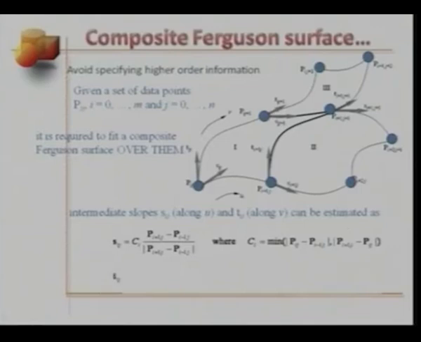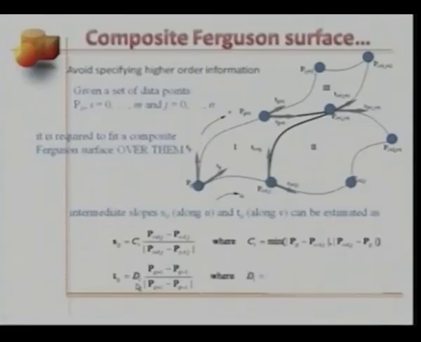Likewise, the slope Tij can be given as Di times (Pi,j+1 minus Pi,j-1) over the absolute value of the numerator. So this here is a unit vector. Di is the minimum of these two distances: Pij minus Pi,j-1, this minus some point here, and Pi,j+1, which is this point, minus Pij, which is this point.